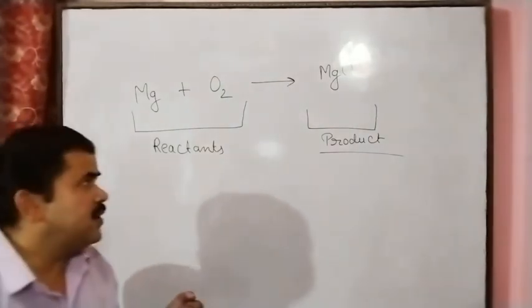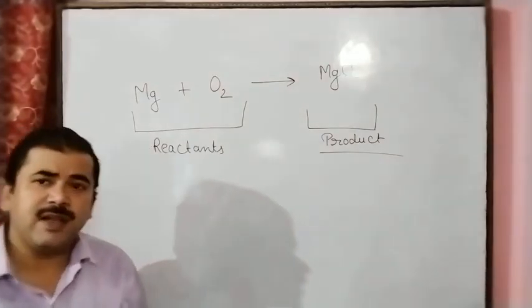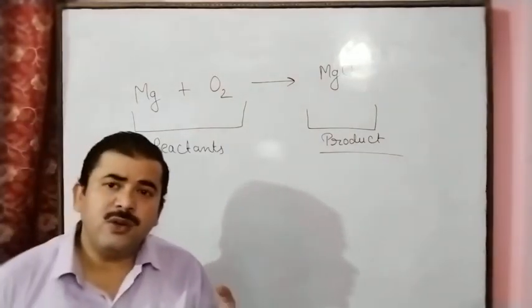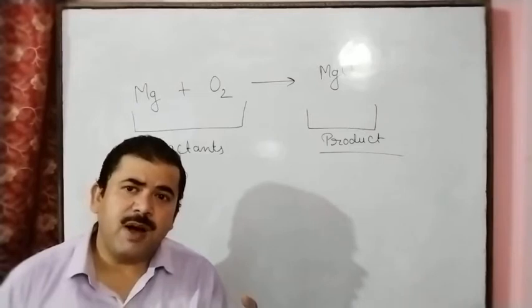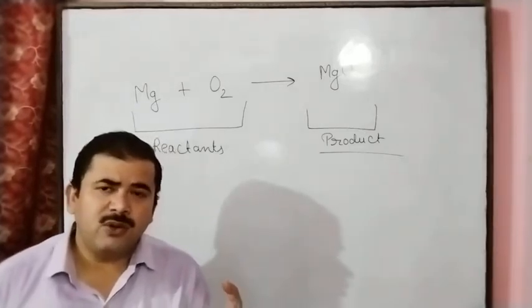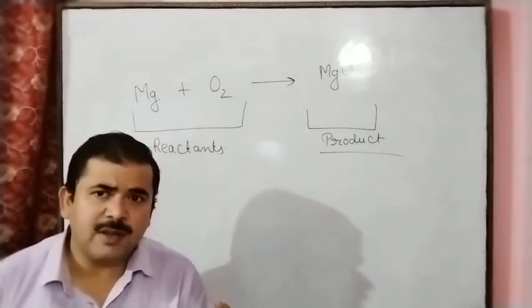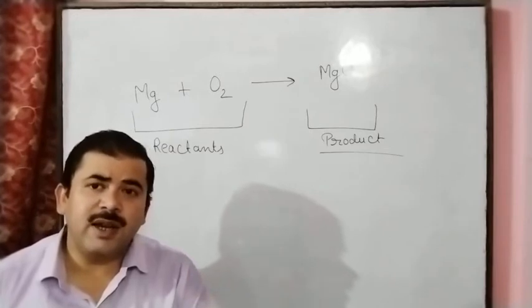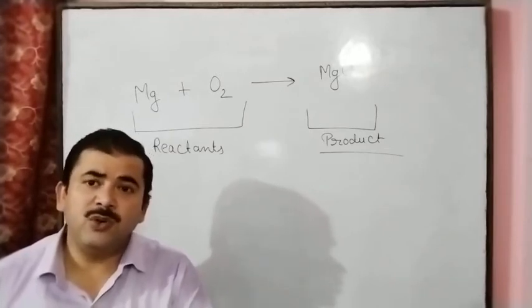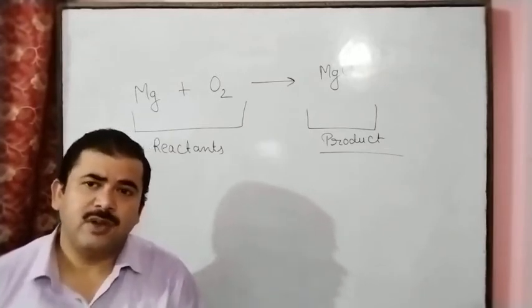What is the meaning of balancing the chemical equation? According to the law of conservation of mass, given by Antoine Lavoisier, mass can neither be created nor destroyed during a chemical reaction.